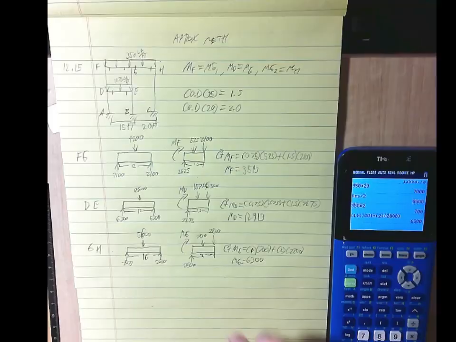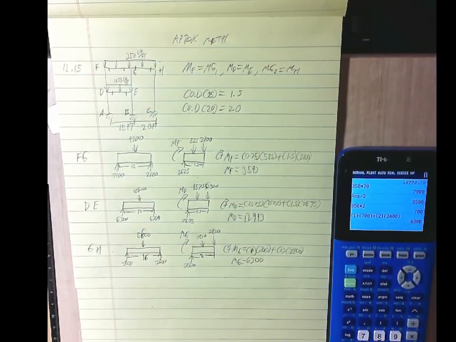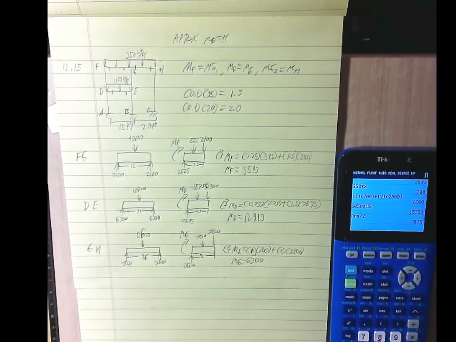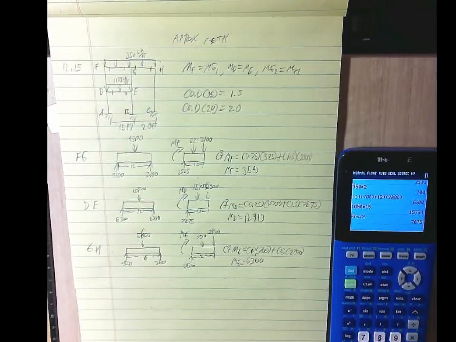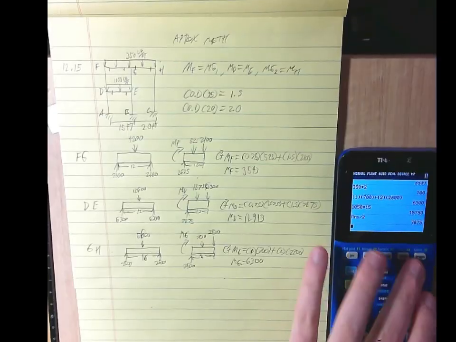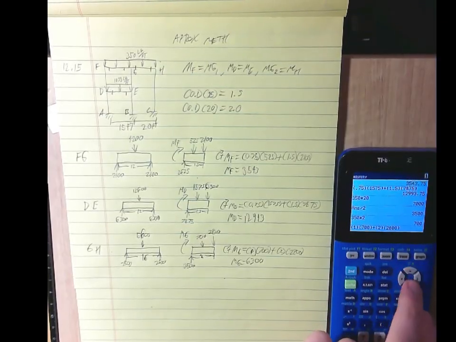Hold on, this might be wrong here. 1050 times 15 divided by 2 is 7875. Something just doesn't seem right about that. That shouldn't be that high.